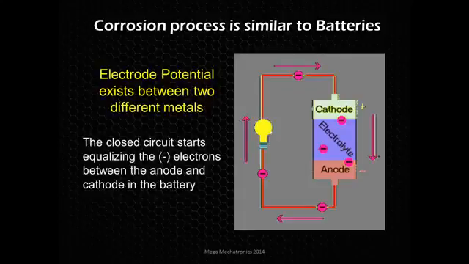And when we close that circuit, we start equalizing the electrons because the anode has too many negative electrons and the cathode doesn't have enough of those, or it has too many positive electrons. So we close the circuit, it starts equalizing those and pulling those electrons from the anode, and we harness that potential. So the potential energy is the voltage, and then the volume of the electrons flowing would be the amperage.